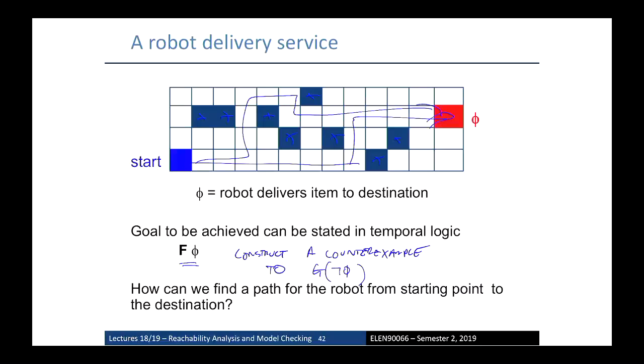You could determine that a priori and just go forward 3, turn left, up 4, whatever. You could rely on your bump sensors too if you don't know it beforehand. So to find the path of the robot, you have to do a composition of these things and do a reachability analysis to see that you can actually eventually end up here by finding a counterexample to that.